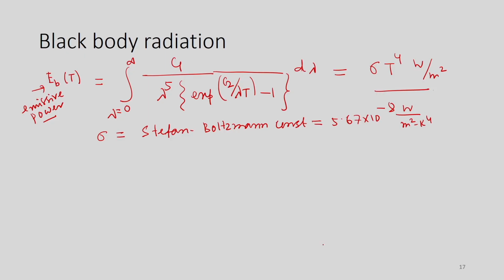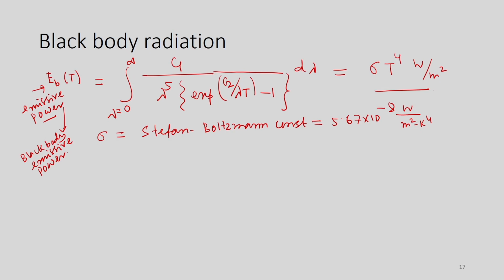So, this is the black body emissive power. It is the black body radiation flux emitted from a surface at an absolute temperature T.